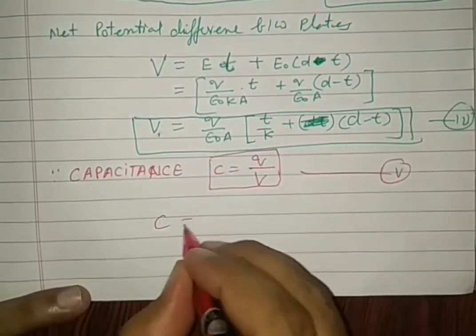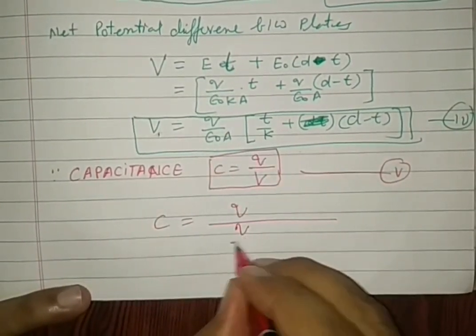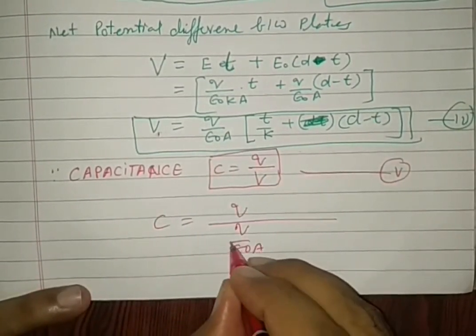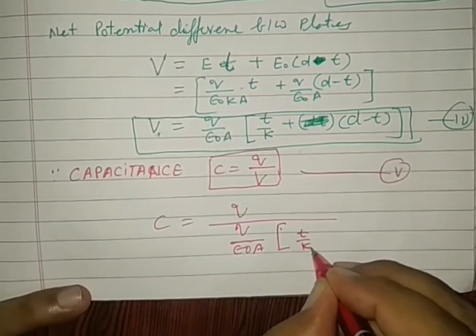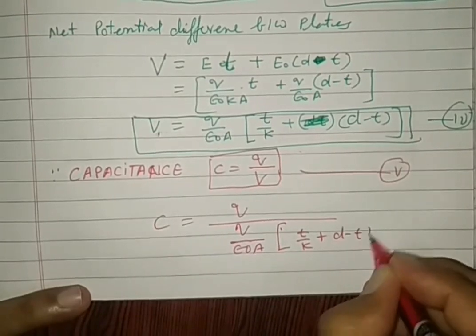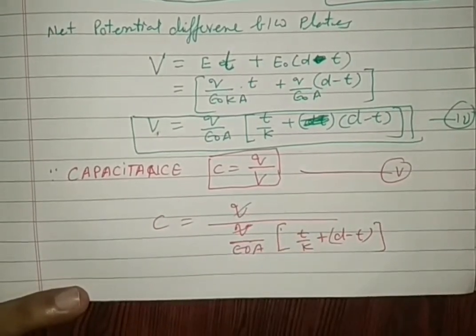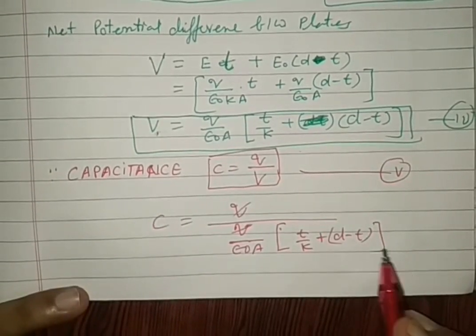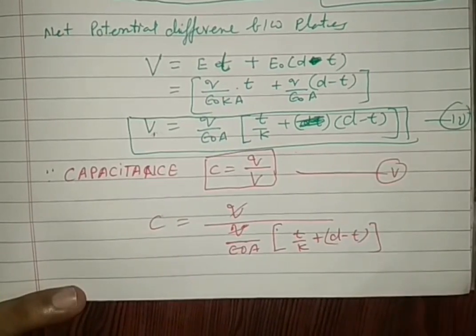So C is equal to Q by this V, Q by epsilon 0 A in a bracket T by K plus D minus T. See, this Q cancels, right? The remaining terms are given here on the next page.